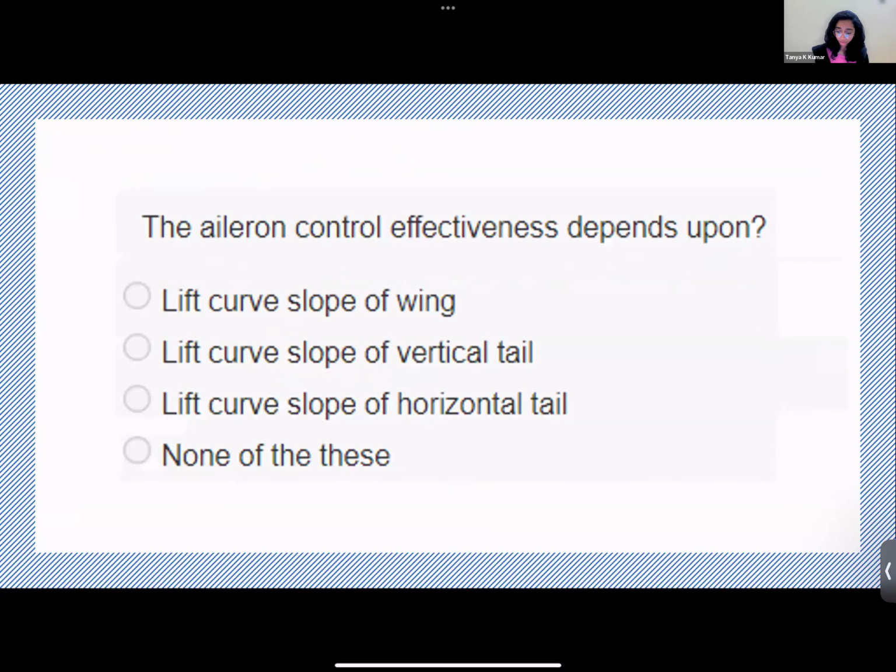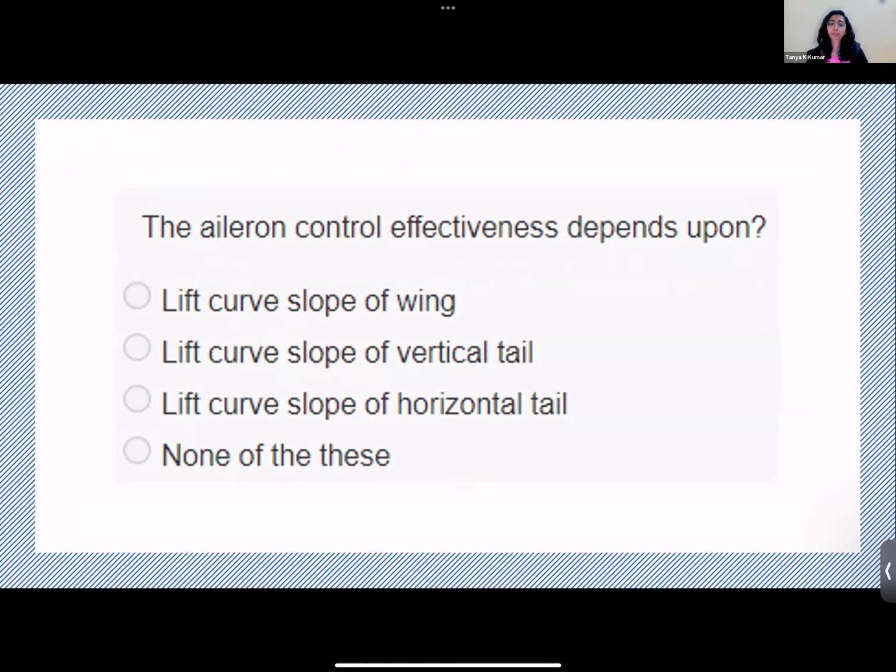So aileron control effectiveness depends upon, it's similar to one of the questions that you have. Aileron is on which of the surfaces or structures of an aircraft? Wing, correct.